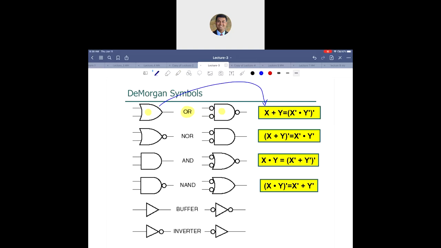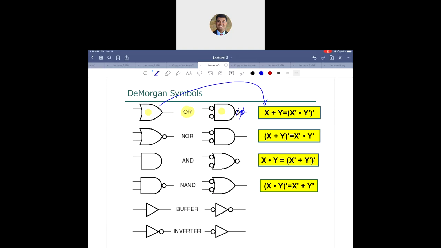And the claim is that it also equals the right-hand side, which is x complement ANDed with y complement, and the entire thing gets complemented. And you can view it like this. These two bubbles get pushed through this AND gate and they come out on the other side, which means that you will have two bubbles on the outside, which will cancel out.